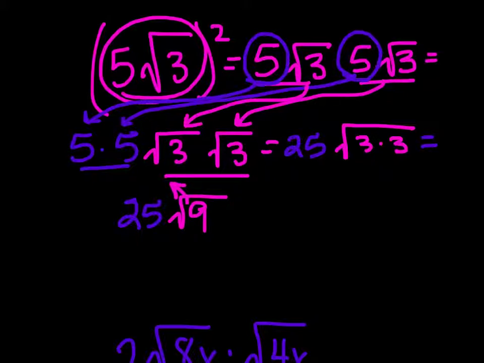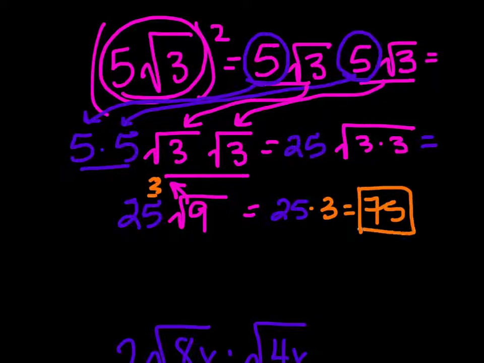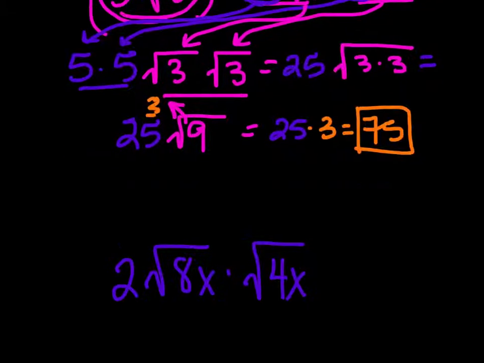If we take the square root of 9, we get a 3 out of there. So our final answer for this is 25 times 3, or 75.